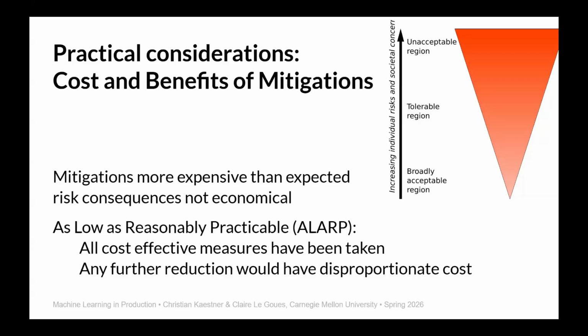The idea essentially is all cost-effective measures must have been taken. If the cost of mitigation is lower than the expected harm, like severity times likelihood, then you should do it. And any further reduction where the cost is higher than the expected harm is usually not expected that you need to do this.